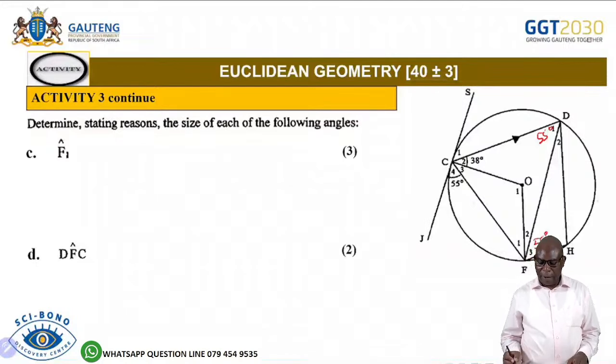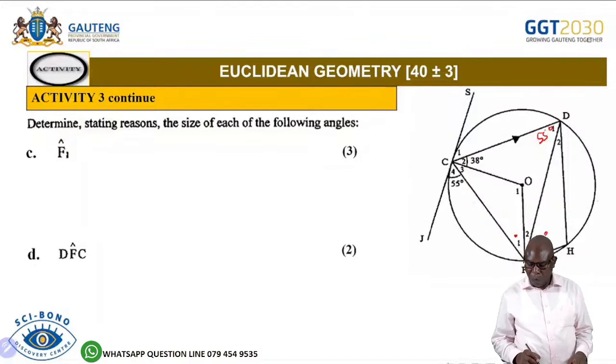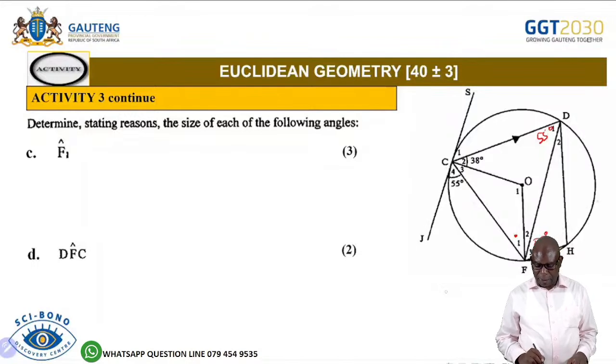So now we need F1. So we need that angle F1 here. So how am I going to get F1? So F1, first I must get C3. So I can get C3 because I already know that that angle here forms 90 degrees. So which means that if I've got 55, that angle there will be 35.